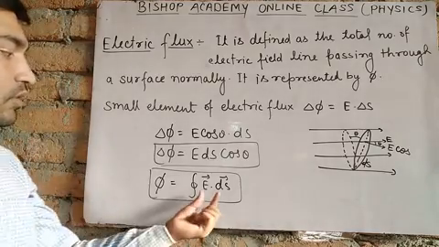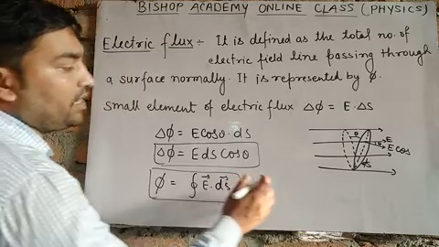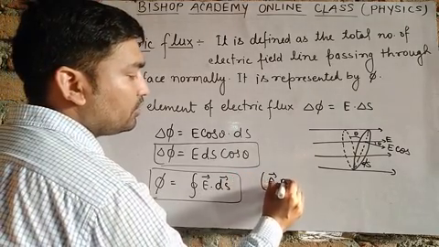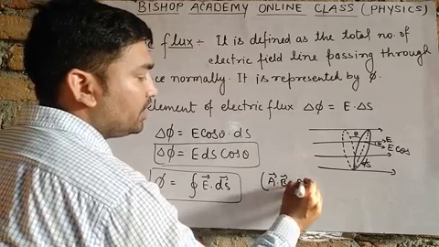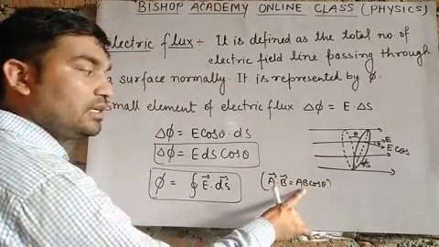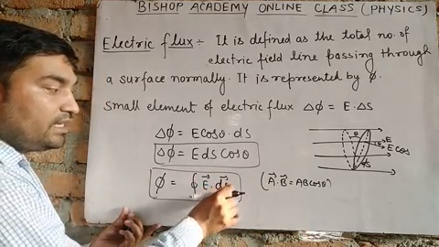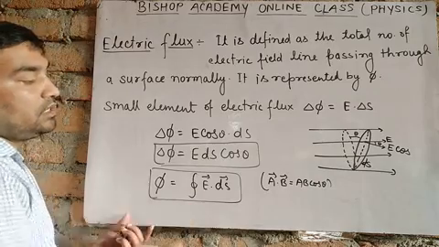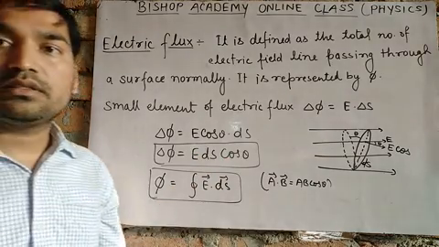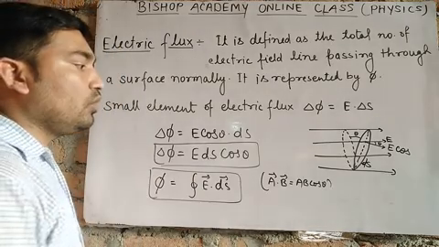As you know, E dot dS is explained by the dot product of vectors. A dot B is equal to AB cos theta, that means E dot dS is equal to E dS cos theta. Then this is the integral form of electric flux.